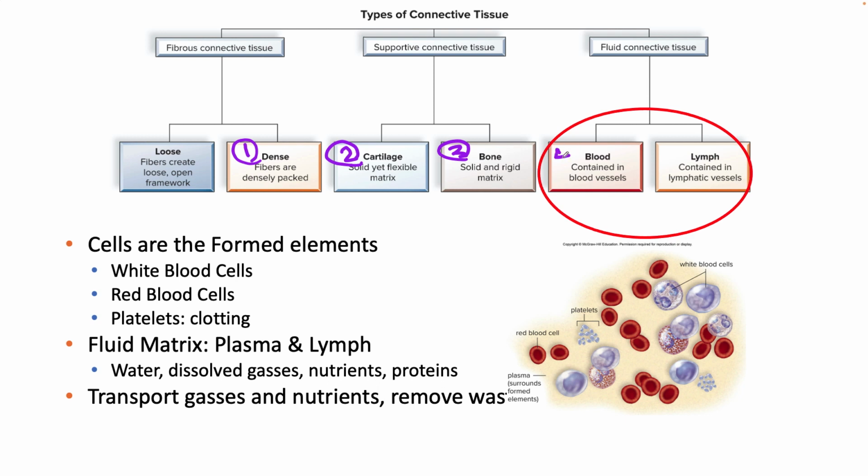And blood and lymph, with their completely fluid matrix, even though they're not physically holding the body together, are connecting different systems in the body because we're using them to transport things from one area of the body, for example the respiratory system and the lungs, to the tissues. So again, we are supporting and connecting parts of the body.